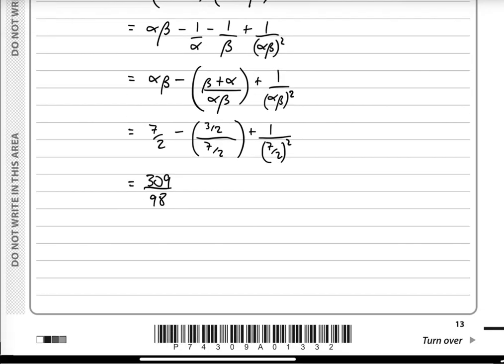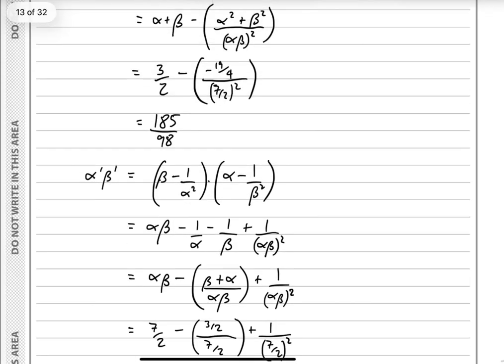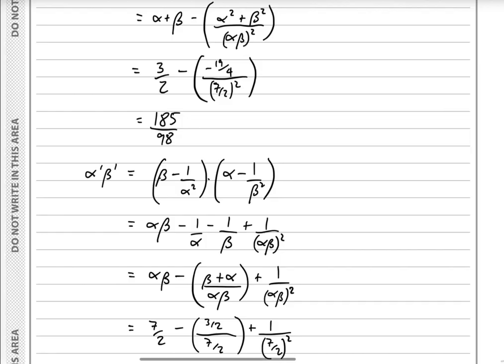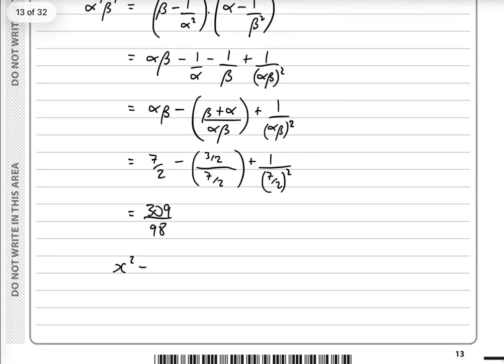So when we substitute that into our general equation, we get x squared minus alpha plus beta, or alpha prime plus beta prime, that's 185 over 98 x, plus the multiplication, 309 over 98.